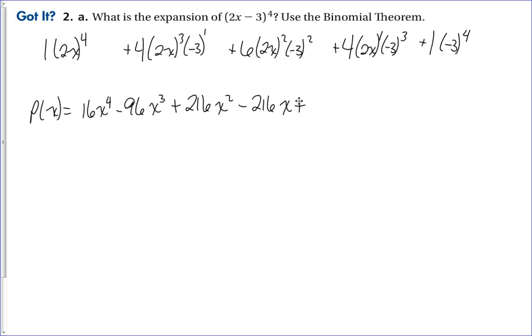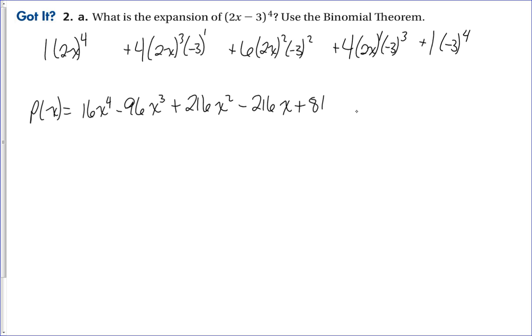And then plus, because when you raise a negative number to an even power, it always comes out positive, so negative 3 to the fourth is positive 81. So that is your polynomial you should have gotten. 16x to the fourth minus 96x cubed plus 216x squared minus 216x plus 81.